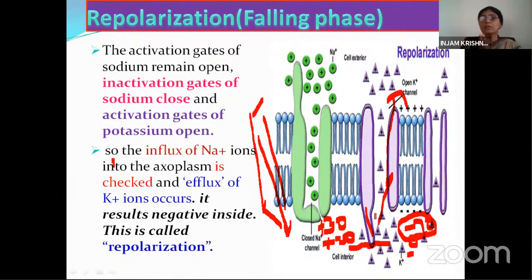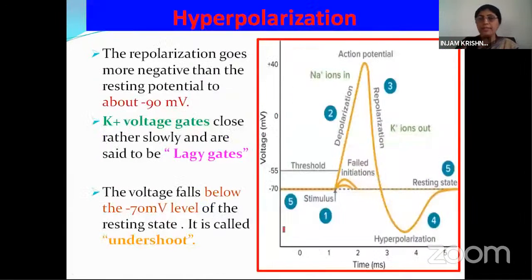If it closes so slowly, what will happen? Potassium ions keep rushing outside, and more and more negativity has increased. It has to stop here, because minus 70 is the resting membrane potential.